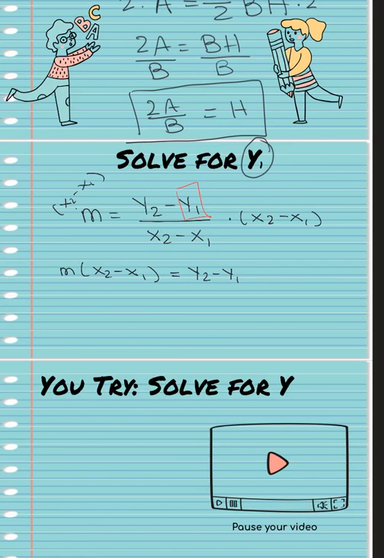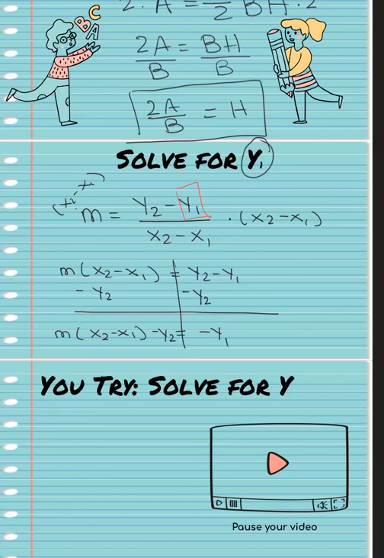Now I just want to get y sub 1 by itself. So I'm going to subtract y2 from both sides, and I get m times x2 minus x1 minus y2 is equal to a negative y sub 1.